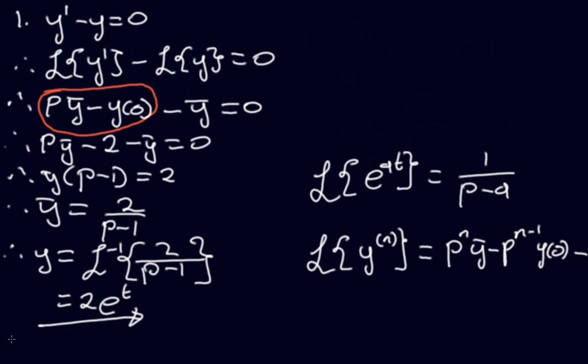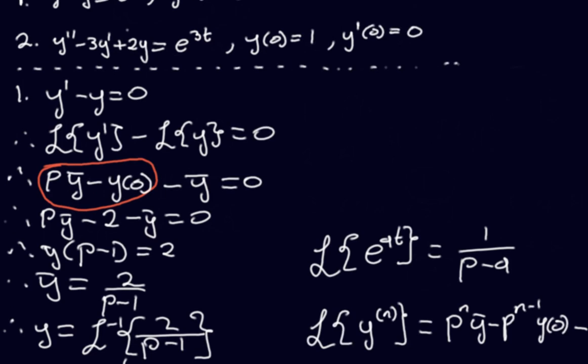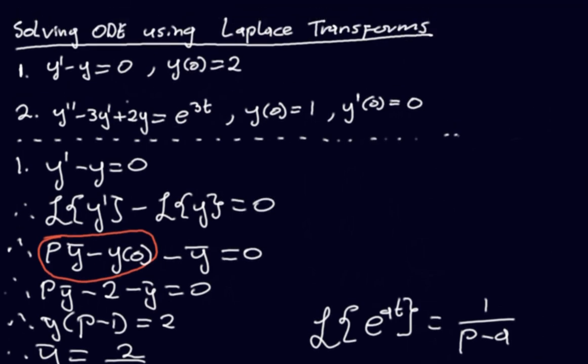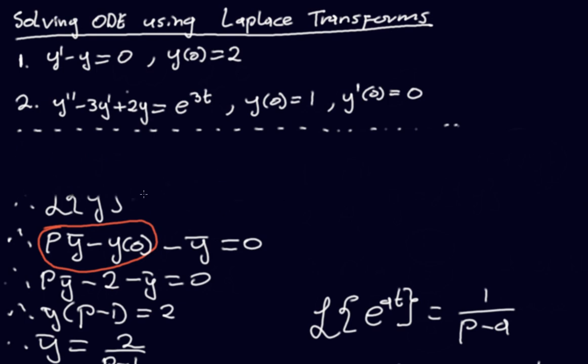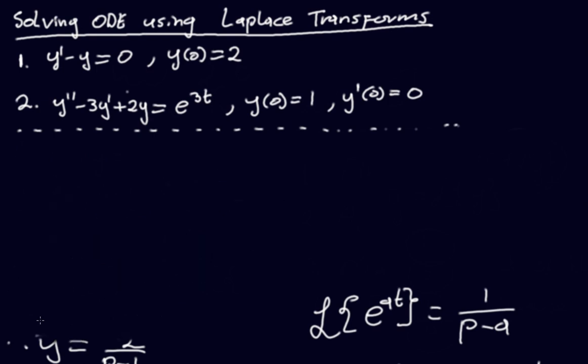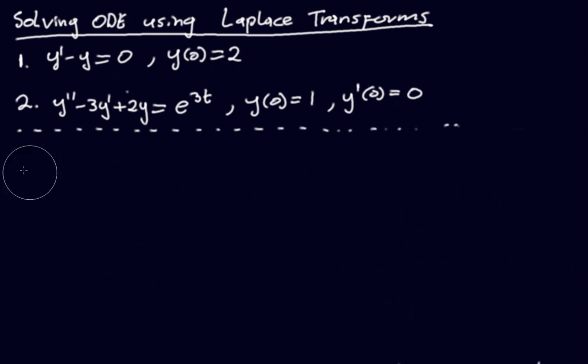Let's go ahead and do the second problem. Or else, in fact, let me erase so that we are close to these questions. So problem number 2, y prime prime minus 3y prime plus 2y equals e raised to 3t.